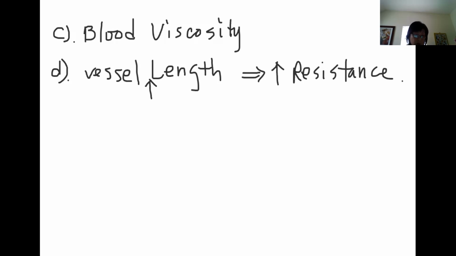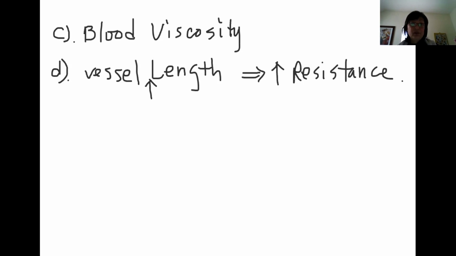Okay, so let me give you an example. There's a research that shows if someone has 5 pounds more body fat, not just weight, okay, 5 pounds more body fat, then the blood vessels have to increase at least 1 mile longer to maintain the blood supply to all these fat cells, okay?